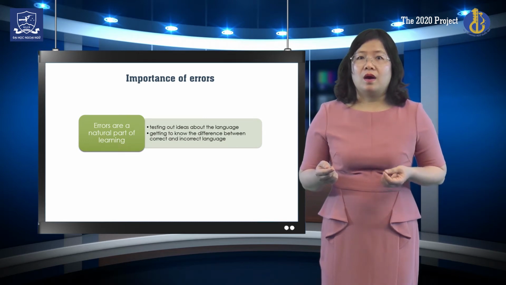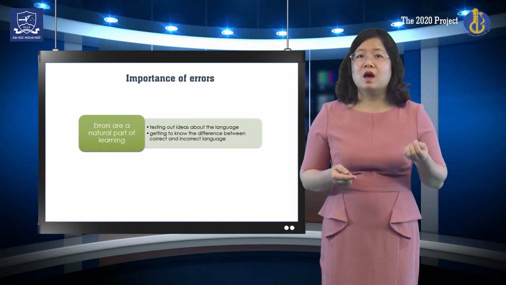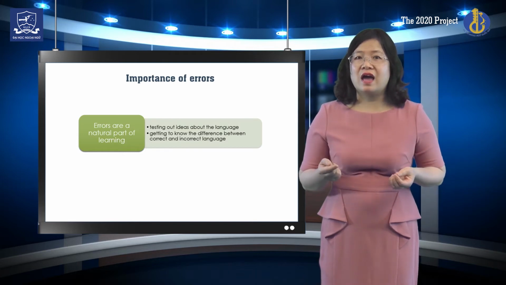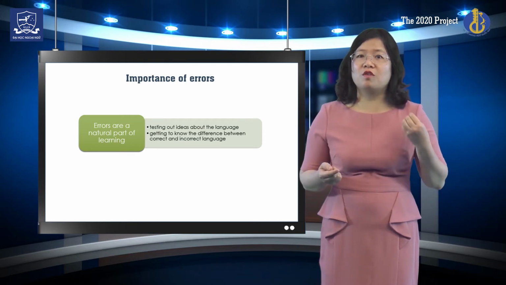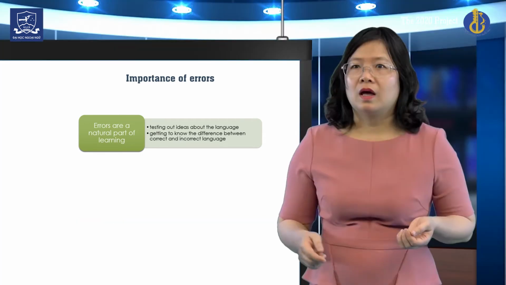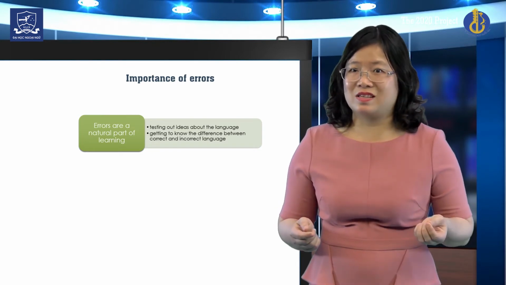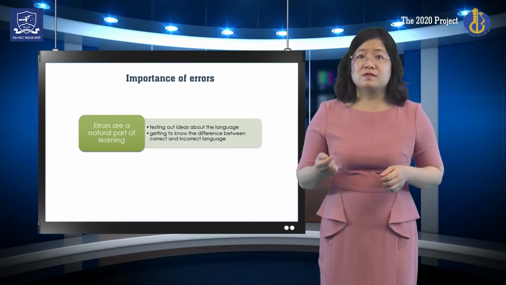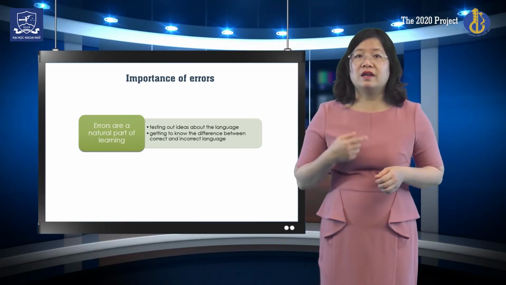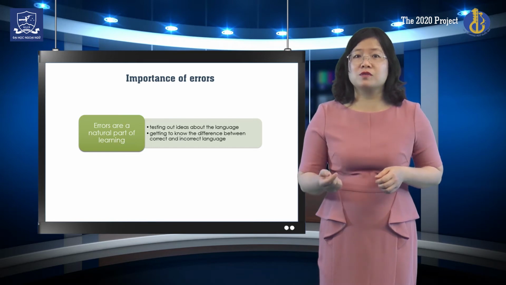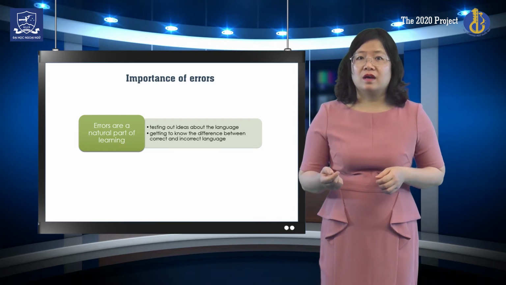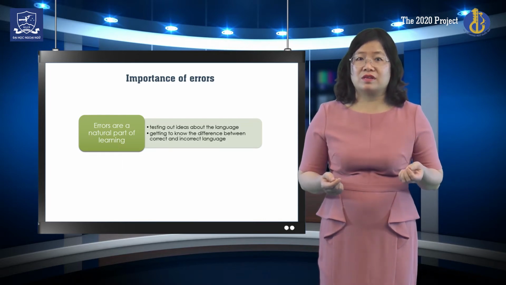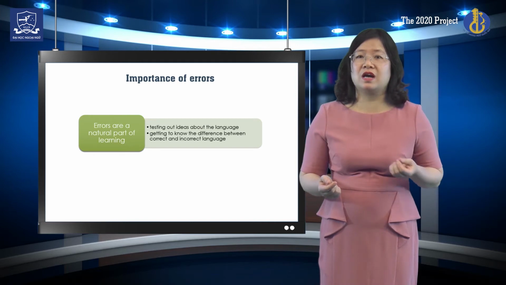Learners unconsciously process, that is, analyze and reorganize their interlanguage, though it is not fixed. It develops and progresses as learners learn more. Experts think that interlanguage is an essential and unavoidable stage in language learning. In other words, interlanguage and errors are necessary to language learning.